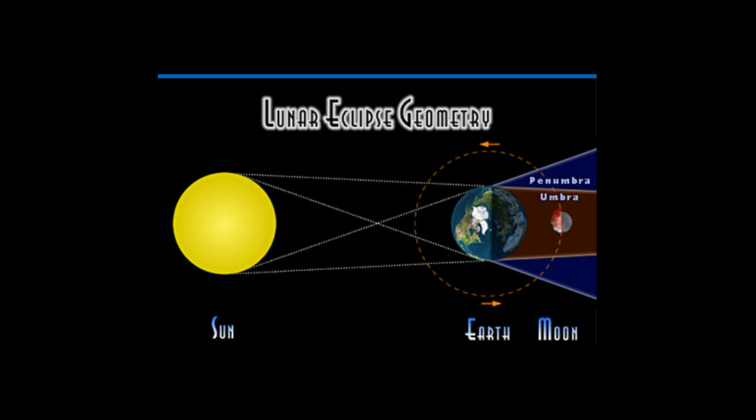Now take a look at the diagram you see here, and you'll see a couple of new terms we need to understand. The first is the word umbra. You see the word umbra right here. The umbra is the darkest part of the shadow the Earth casts on the moon.